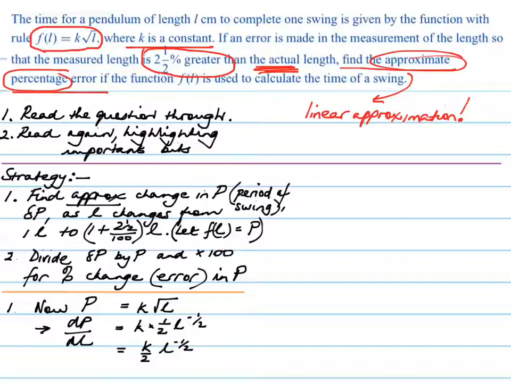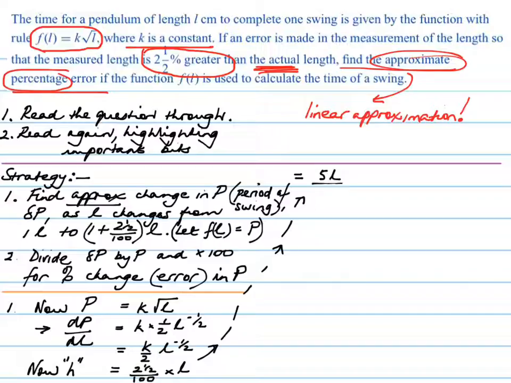Do you remember the formula for delta P? If h is the little increment in L, if that's 2.5 hundredths of L, putting that in even simpler English, that's 5/200ths of L. So we've got our h now. So all we've got to do now is get dP/dL when L is whatever it is.